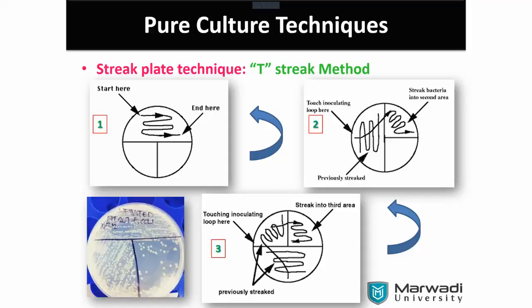It is always better if you rotate. Rather, you may rotate in a way that you spread in this pattern, so you get a larger area to streak. As you reach the end, you will stop, but it must not cross the front. For the third, you must sterilize, just touch, and you may start.